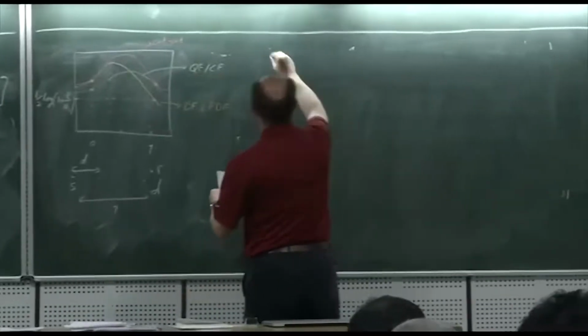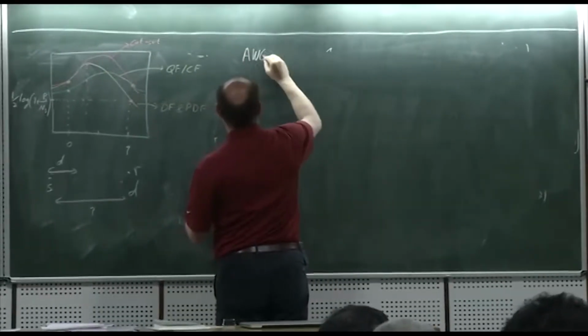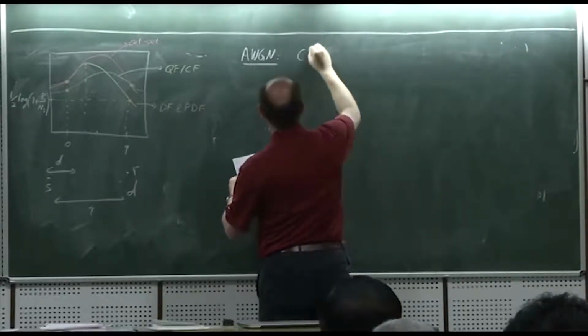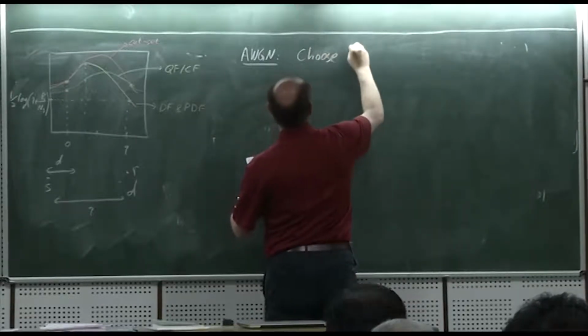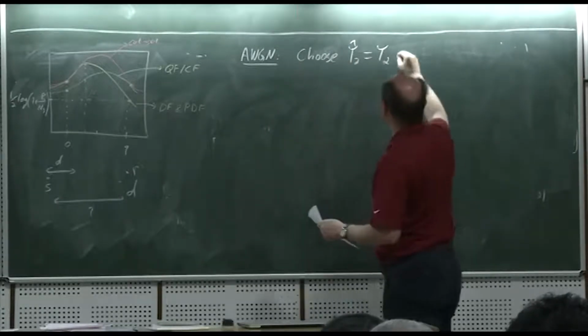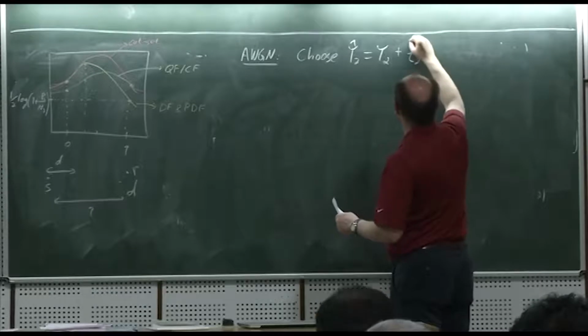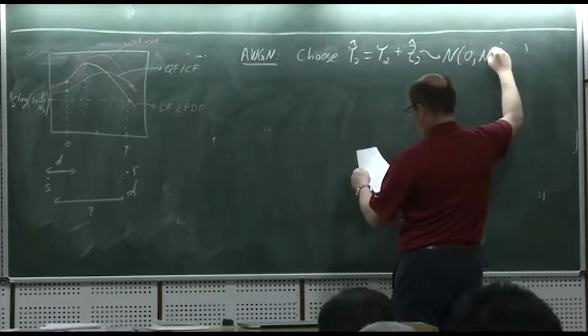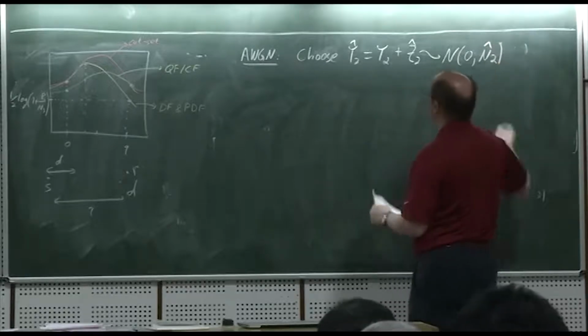So let's look at the additive white Gaussian noise case with one antenna each. What we do is we'll choose, well, we don't want to choose y2 hat equals y2 because this will give us 0 rate. So we choose, of course, a Gaussian version where this noise here is 0 mean Gaussian with variance n2 hat.